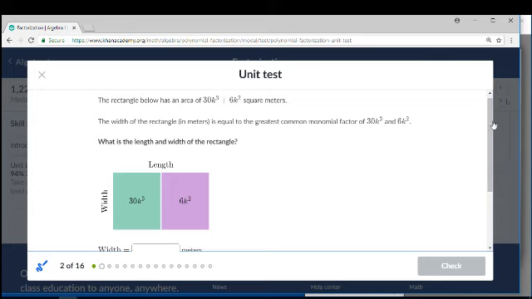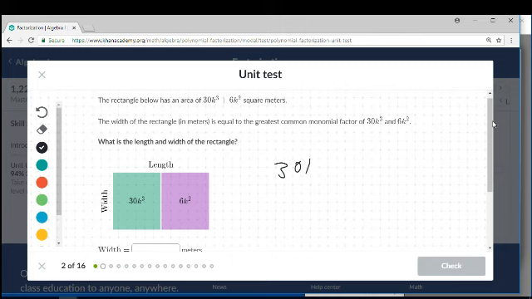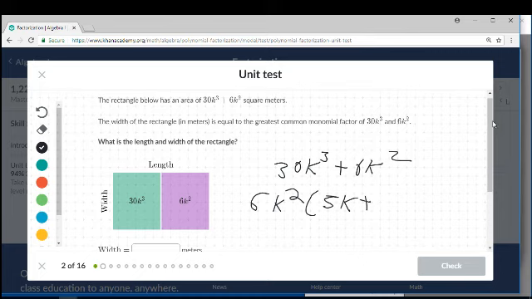So the width is the greatest common monomial factor.